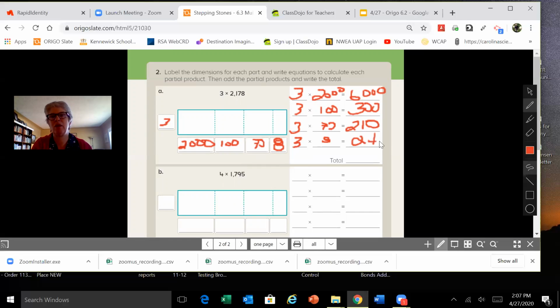Okay, now I've got to add all of this together. So what I'm going to do is add my hundreds first, and I'll keep track of those. And that's going to be 510, and I'll put this over here. I don't just try to keep the numbers in my brain because I forget. So I try to write down numbers. And then I've got 6,000.